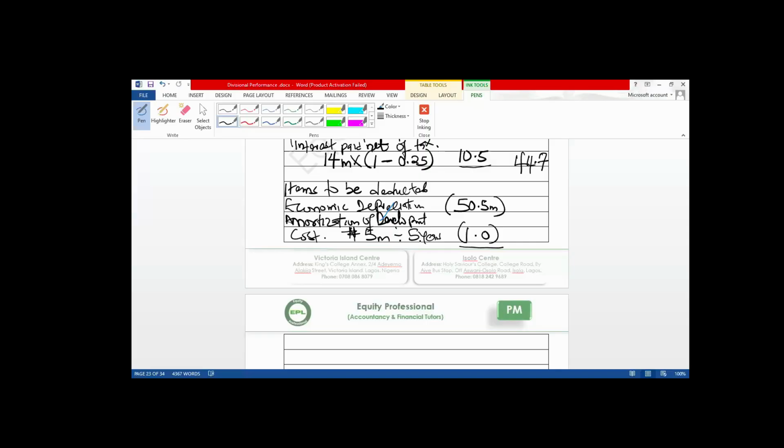It's not a one-off cost. It's a cost that will be spread for the number of years the project or the product will provide benefits.